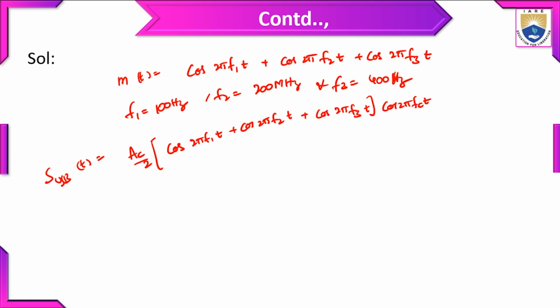Within the bracket we have three message frequency components, and outside the bracket is the carrier cos 2πf_ct.